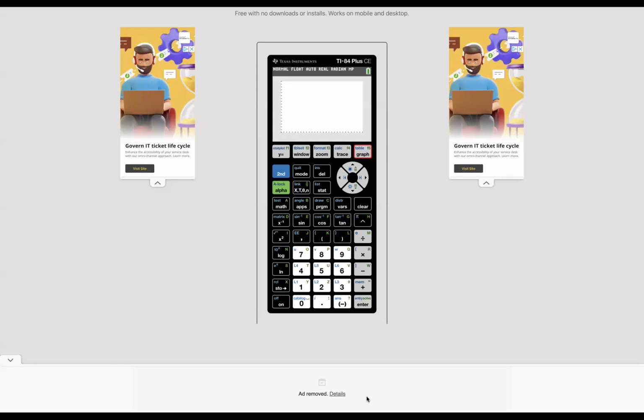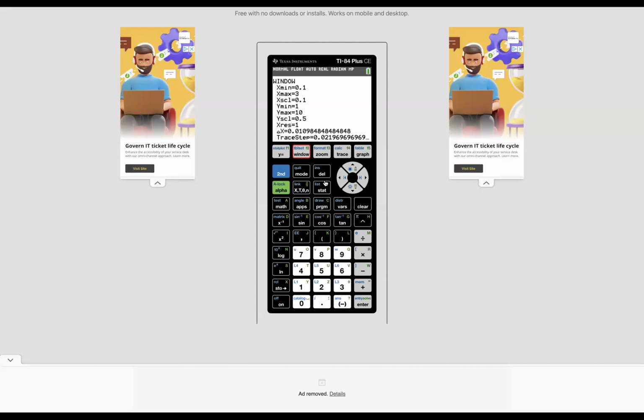I'm trying to do the window real quick. Window: X min 0.1, 3.1, Y min, Y max. I don't know what the difference is, guys. I don't see any change.